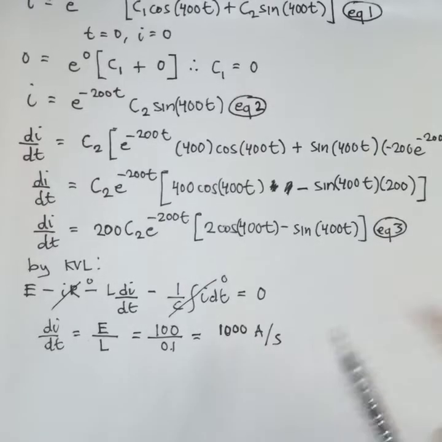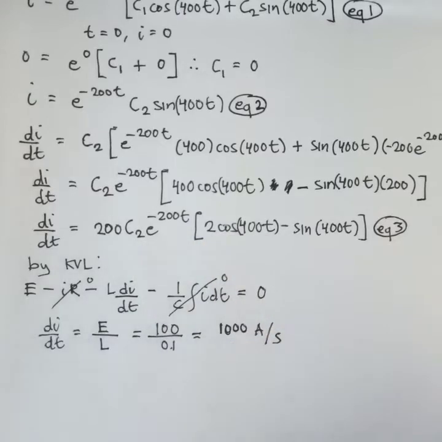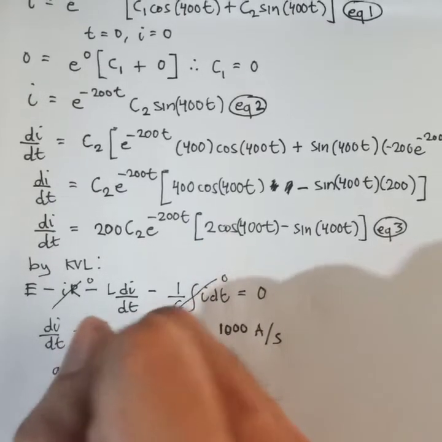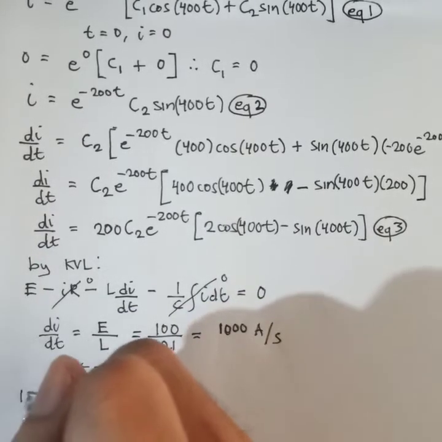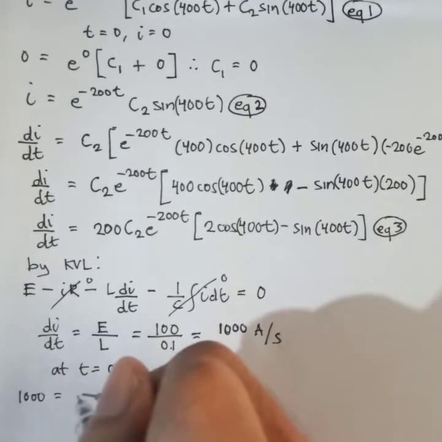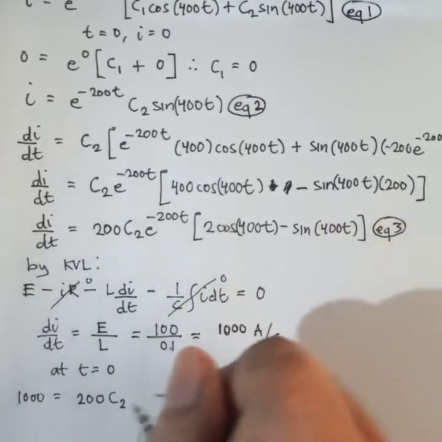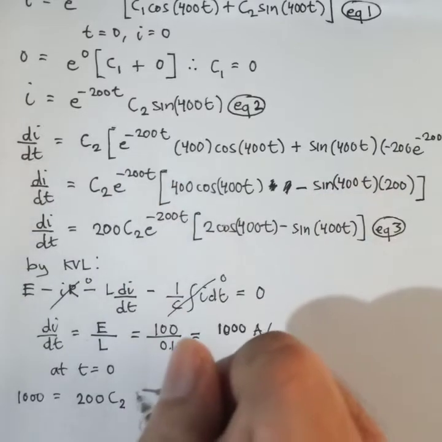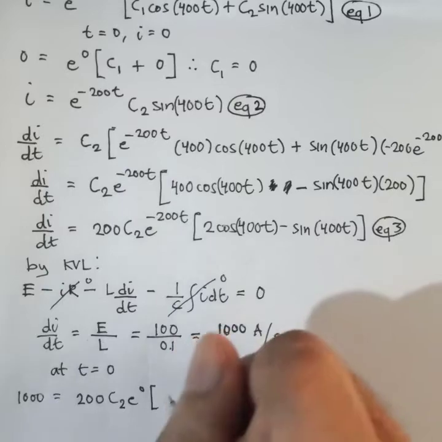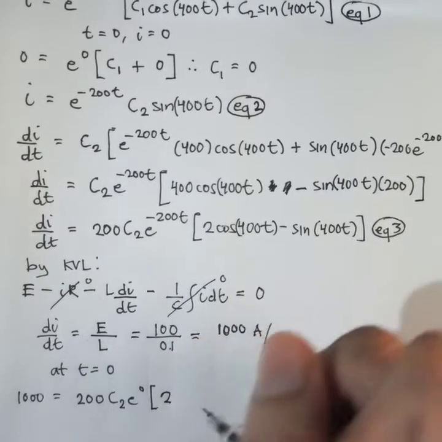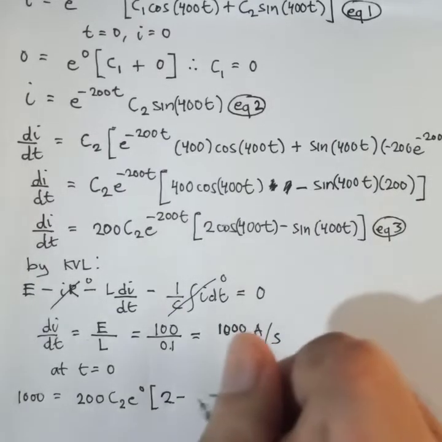So substituting the rate of current in our equation 3, we can now solve for c sub 2. At time equal to 0, that is 1000 is equal to c sub 2 times (400 cosine of 0, which is 1, minus 200 sine of 0, which is 0).